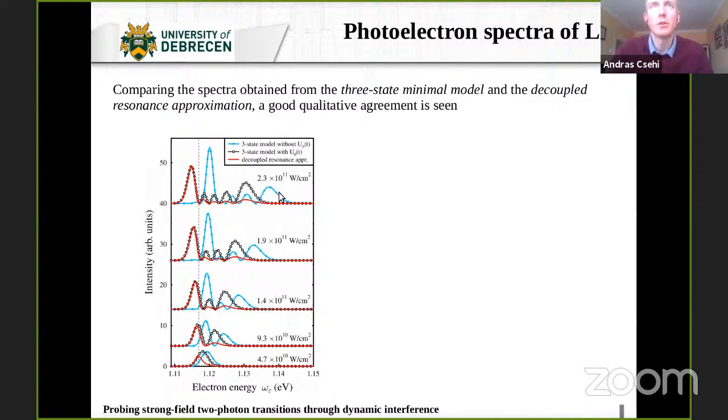And there is not only a shift, but if we look closely, then the interference pattern is actually modified. So this ponderomotive shift is indeed important to include, but maybe most important in the direct non-photon ionization situations rather than here.